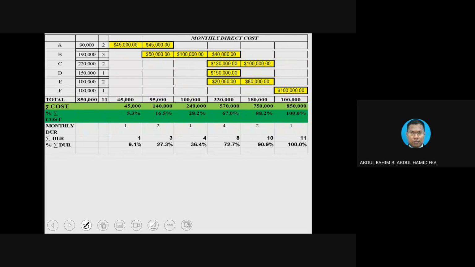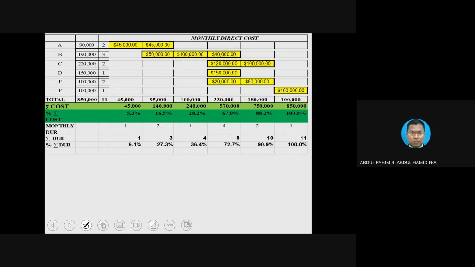And remember, at the beginning of the planning and scheduling class, in the introduction to planning and scheduling, there are three reasons why we need to do planning and scheduling. One of the reasons is monitoring and control. And now from here, you can see we can generate an S-curve, for instance, for the purpose of monitoring and control.